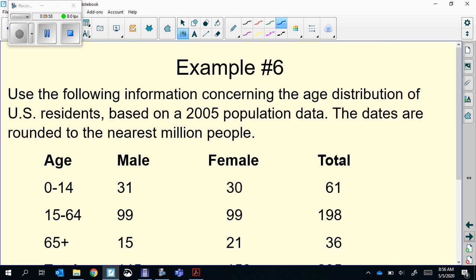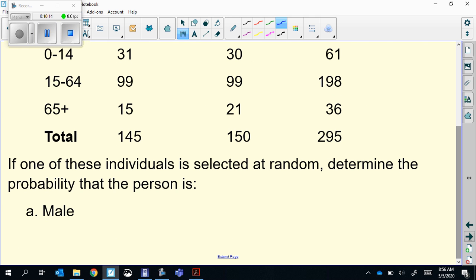All right, so here's another table, just related to how old people are, with gender and all that stuff factored in. Determine the probability that the person is male of all of them selected.